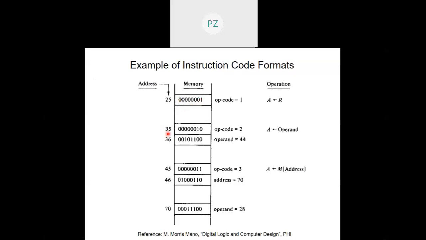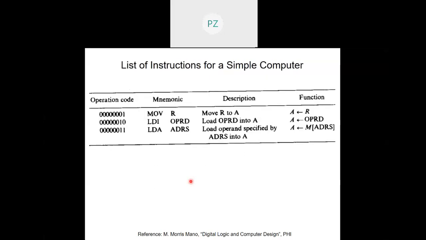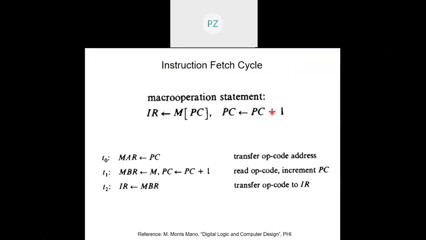If the program counter stores 35, then this will come out into the instruction register. If it contains 45, then this opcode will come out into the instruction register. In these two cases, after we have fetched it, the program counter should get incremented so that it points to the operand or the address in the next clock cycle, right? So that is why we see the program counter incremented.